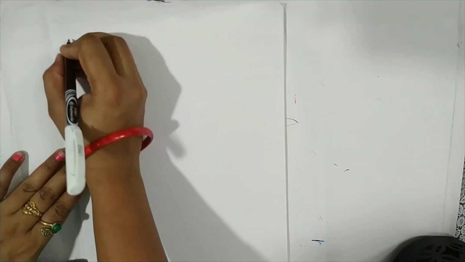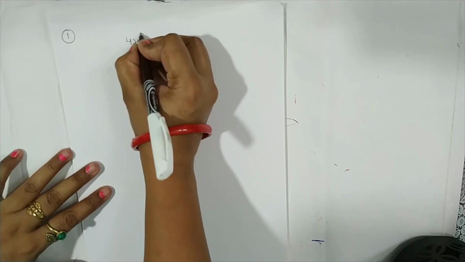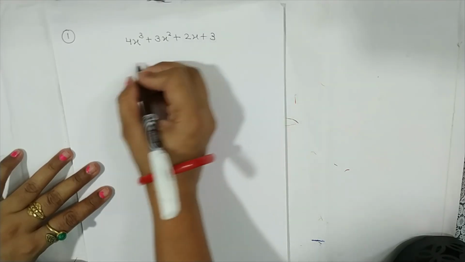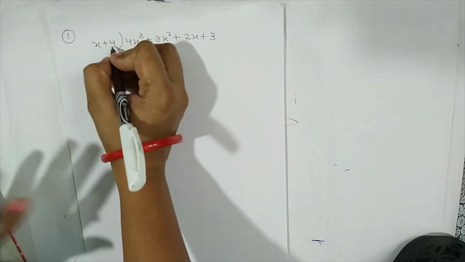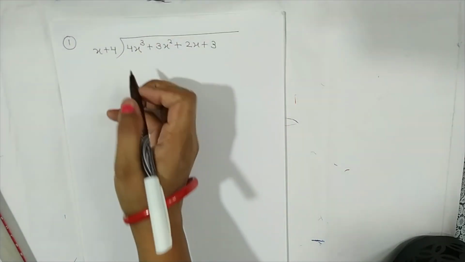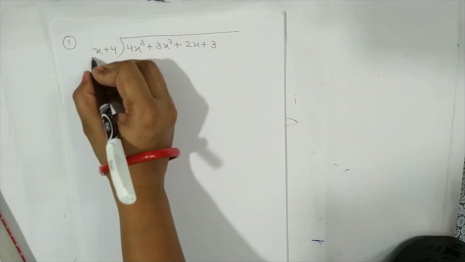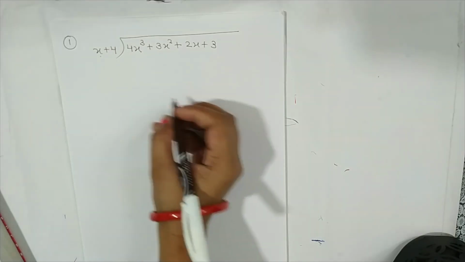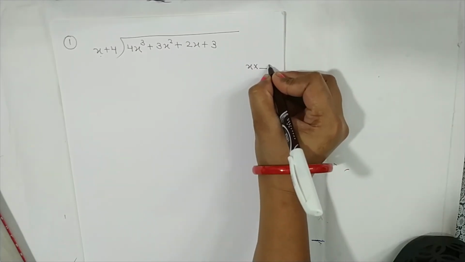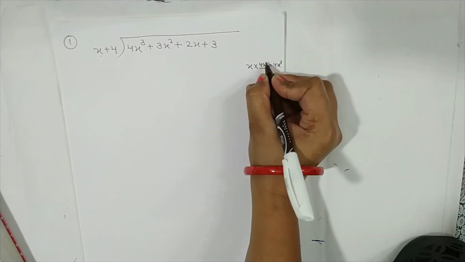Suppose a question is given: divide 4x cube plus 3x square plus 2x plus 3 by x plus 4. We have to multiply by 4x square, because x into 4x square gives 4x cube.